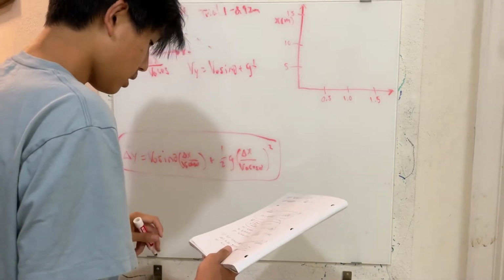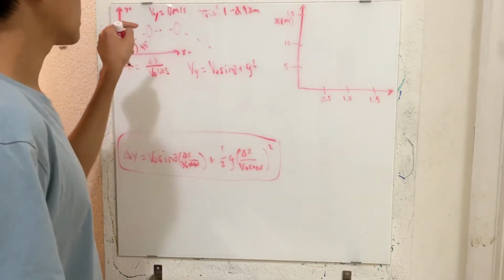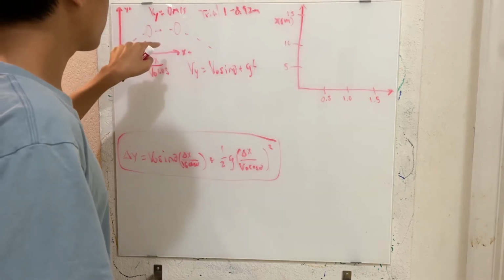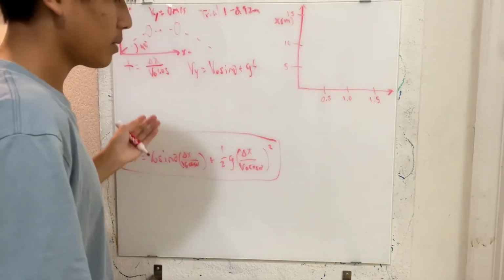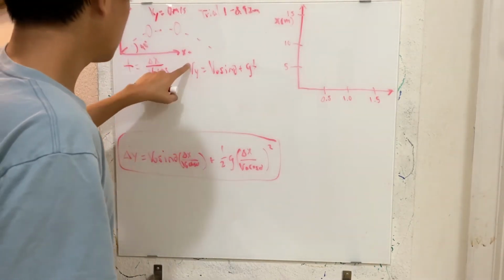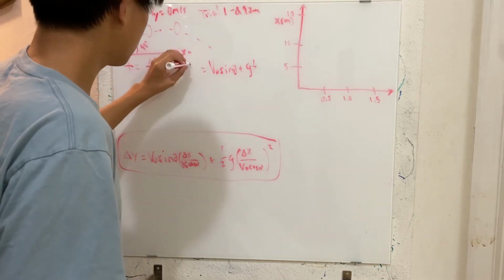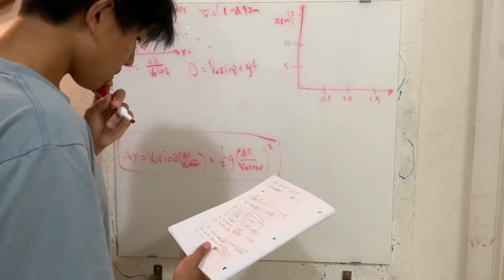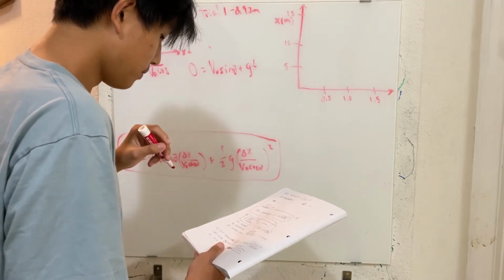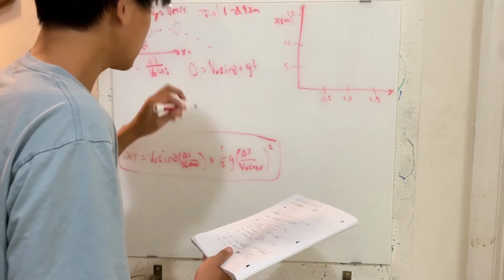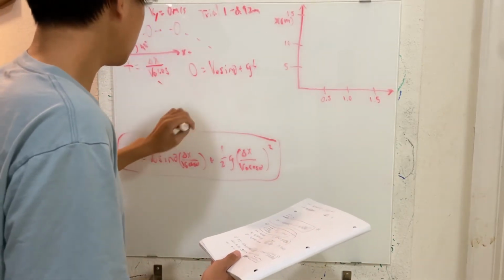And then since at the maximum height Vy is 0, we can just replace this with 0. And then we can plug this in for t.